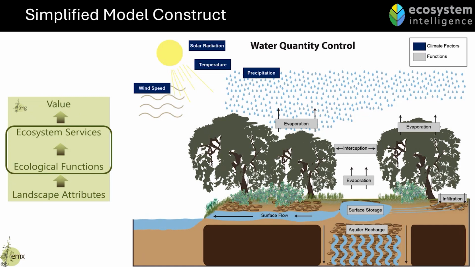That specific service, when we think about it, what we start to understand when we look at this is not only is there a relationship between the different attributes as they enable functional processes to happen, there are relationships between the ecological processes themselves that we need to think about as we understand that next step to ecosystem services being produced.